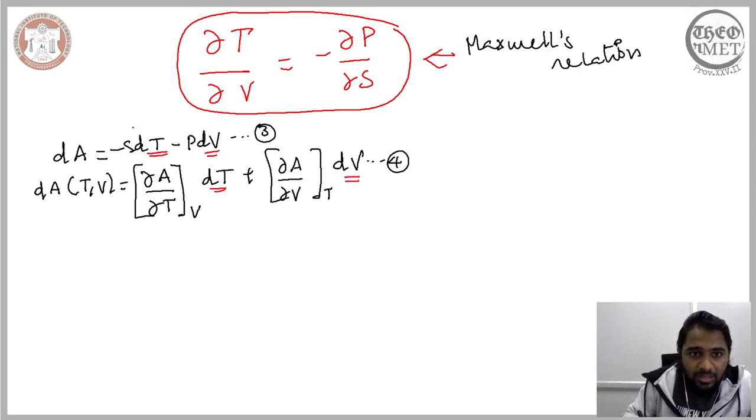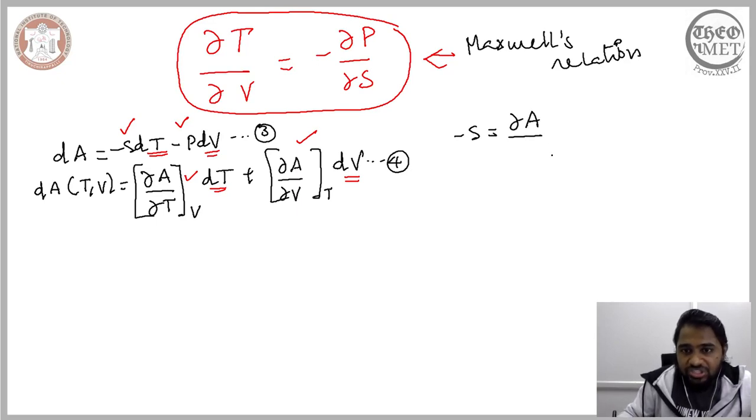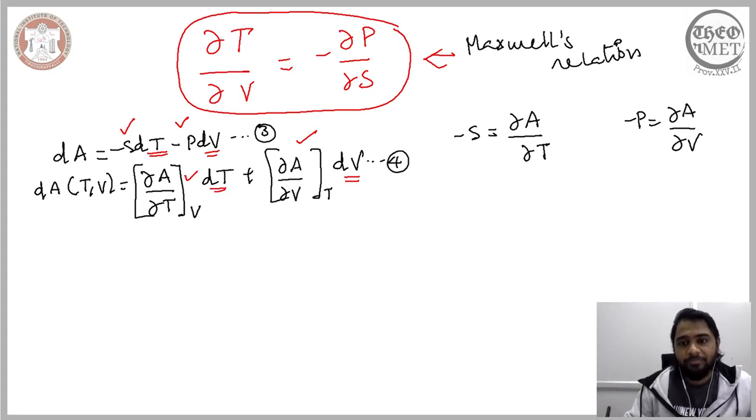Therefore minus S should be equal to this partial derivative here, and minus P should be equal to this partial derivative here. So minus S is equal to the change in the Helmholtz free energy with respect to change in temperature, and similarly minus P is equal to the change in Helmholtz free energy with respect to change in volume.